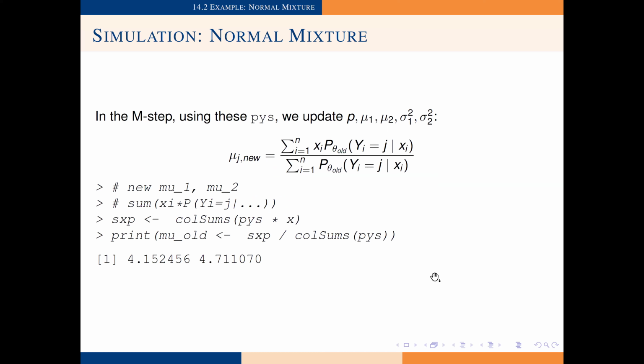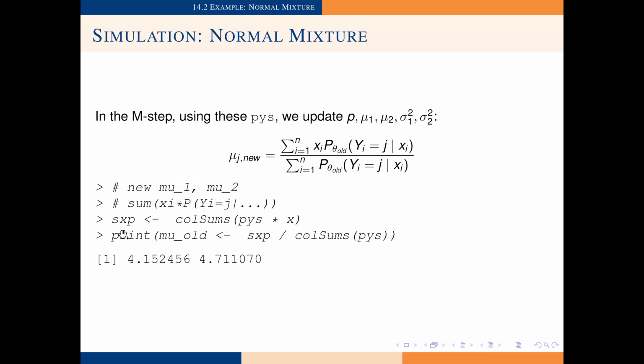Now we can try to find the updated values of mu1 and mu2 by applying the earlier formula. Let's recall that we will need to get the numerator and the denominator, where the numerator is the sum over all n of the xi's times each observation's corresponding p theta old's, that yi comes from class j. The denominator is also a sum that doesn't involve the xi's.